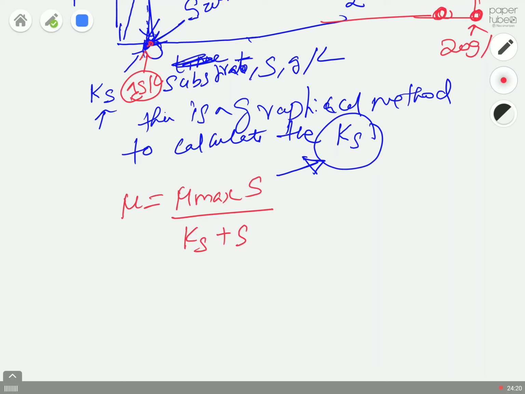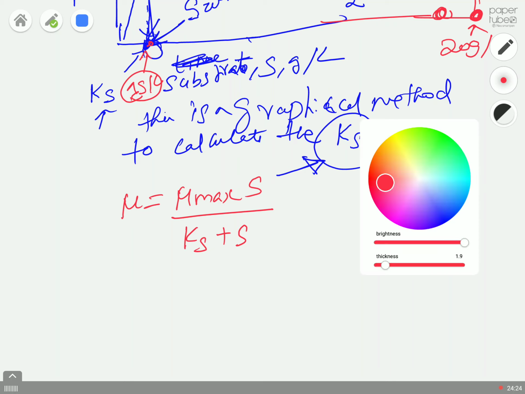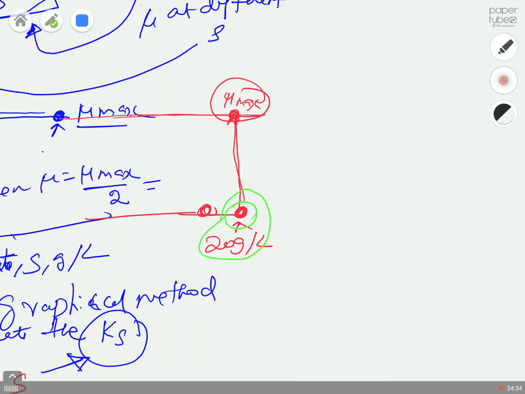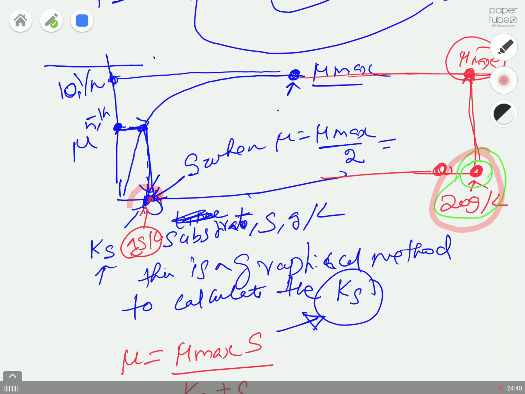So this particular value is 20 grams per liter, and you come back here, this is 1 gram per liter, this is your Ks value. So what is this if you compare these two values?